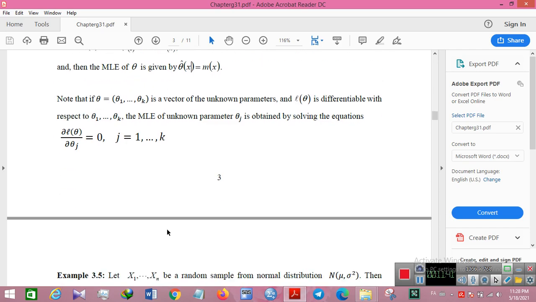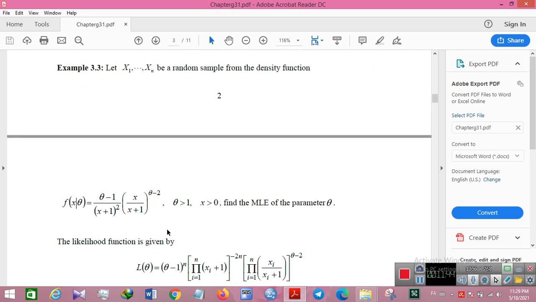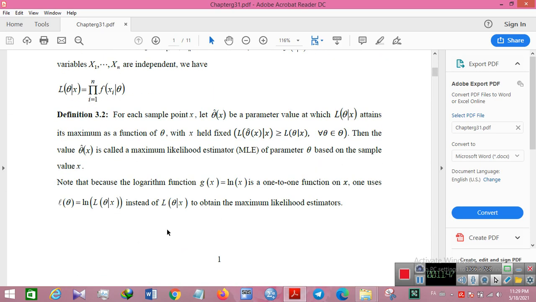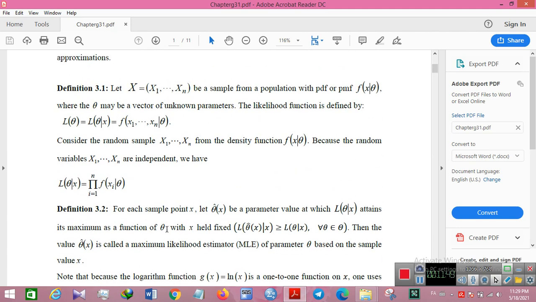Actually, if you look at the definition of the MLE of theta, when you look at the likelihood function, the likelihood function is the joint density of x1 to xn. Actually, the likelihood function is the probability of observing the sample x1 to xn.